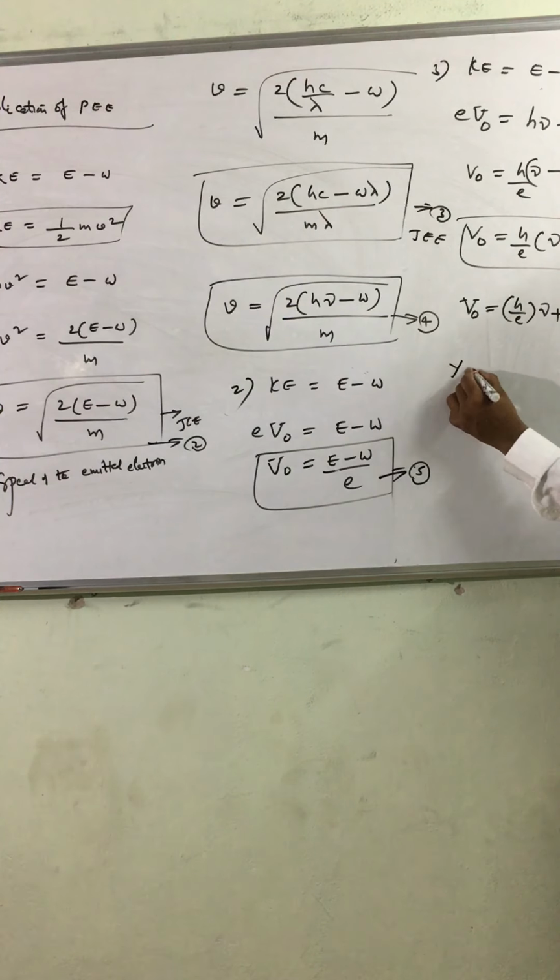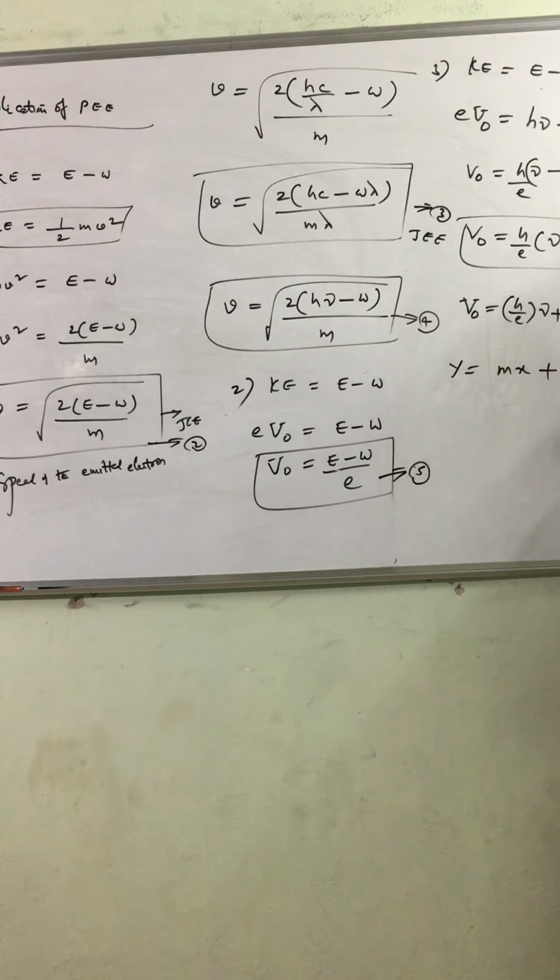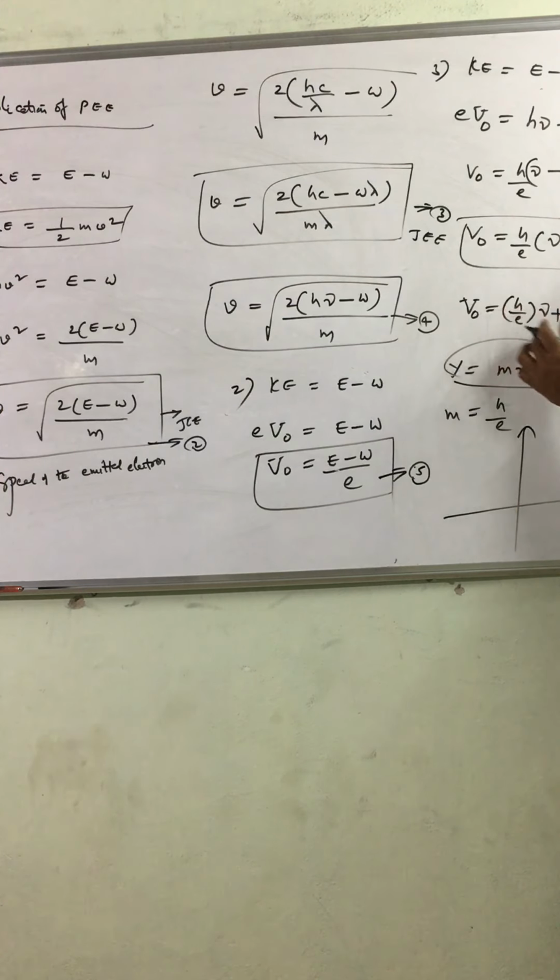So this is y is equal to mx plus c, where m is h by e, slope-intercept form. So let us plot a graph between threshold frequency and stopping potential. Stopping potential on which axis? Y axis.